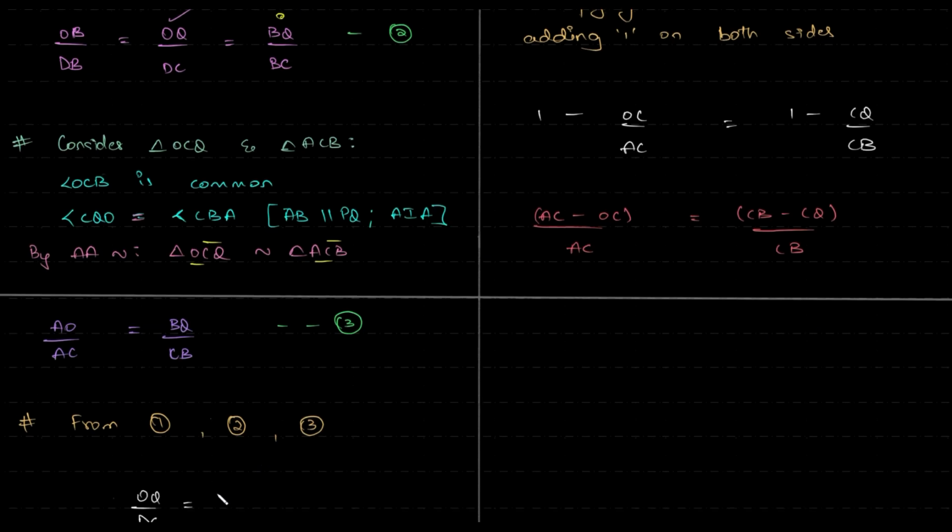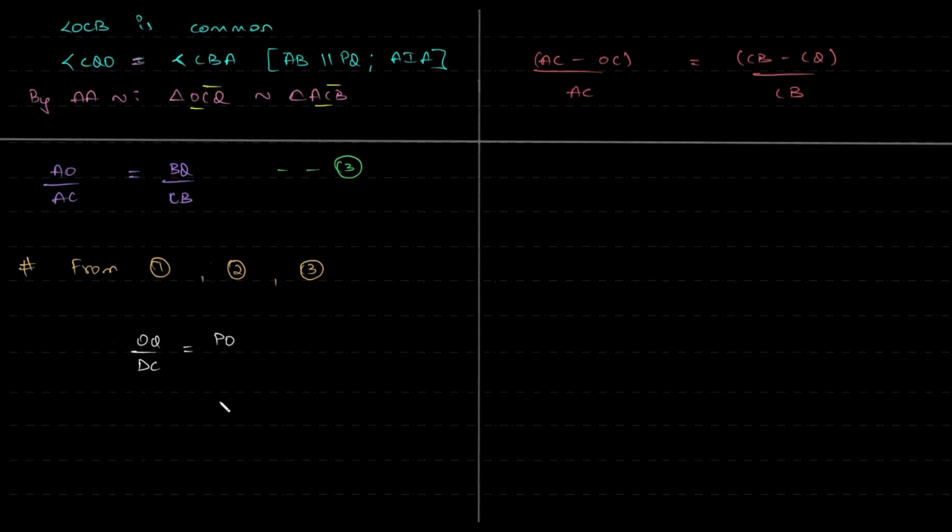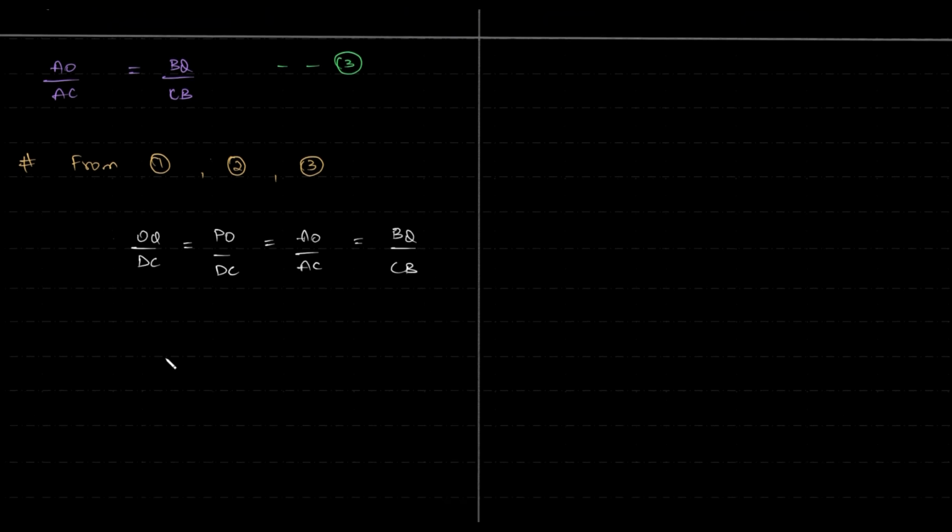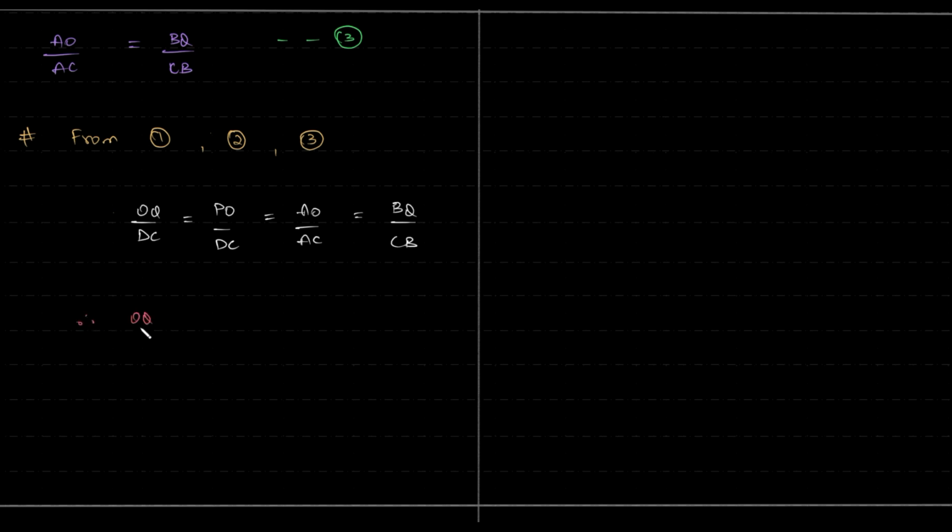PO or OP by DC, and all of this is equal to this particular expression, PO by AC, which is equal to BQ by CB. So we have therefore OQ by DC is equal to PO by DC. So what is common at both ends? DC and DC. This implies OQ is equal to PO. Hence proved.